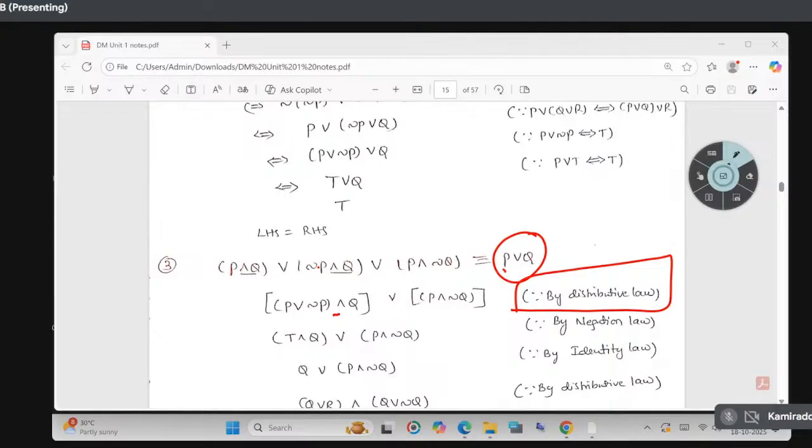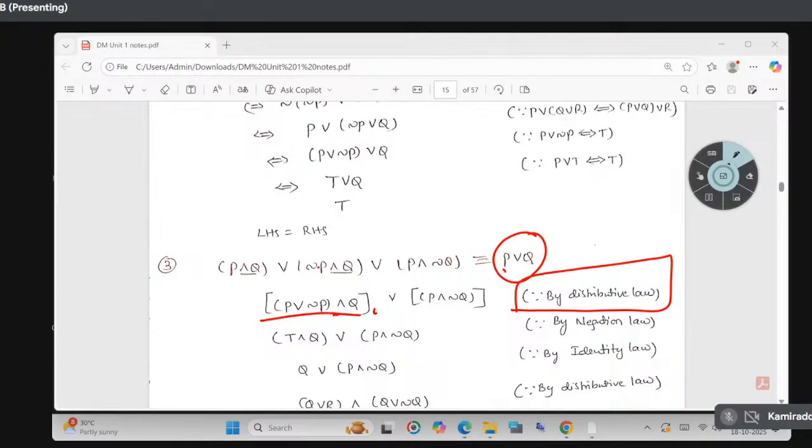P or negation P and Q. This is my P value or Q value. So how it is going to be converted? So by distributive law, I am taking my Q outside, that is in common I am taking P or negation P. What is P or negation P value? P or negation P, what the value it is going to give us? T, right? And Q. T and Q.